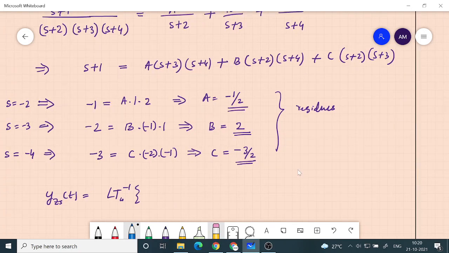Minus half, that is our A, into 1 by s plus 2, and then plus 2 into 1 by s plus 3, plus C. C is what? Minus 3 by 2 into 1 by s plus 4.